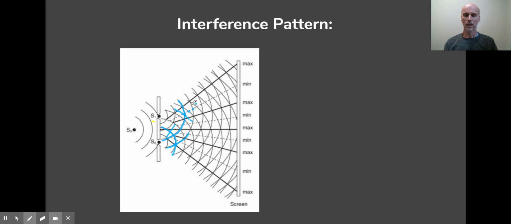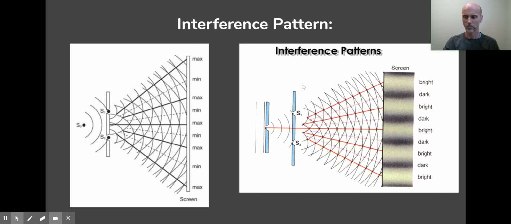Now, it turns out you can reproduce this interference pattern not just with mechanical waves like water, but also with light waves. When you perform this experiment with light, you would not necessarily see all of these lines in here. You wouldn't see anything in between.